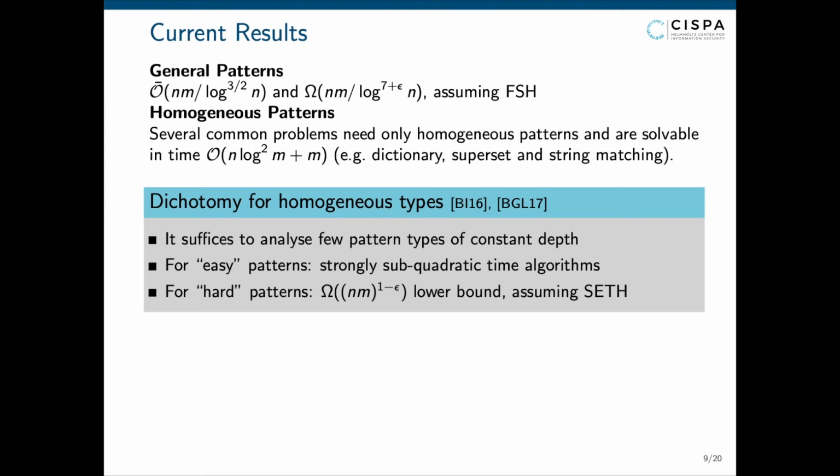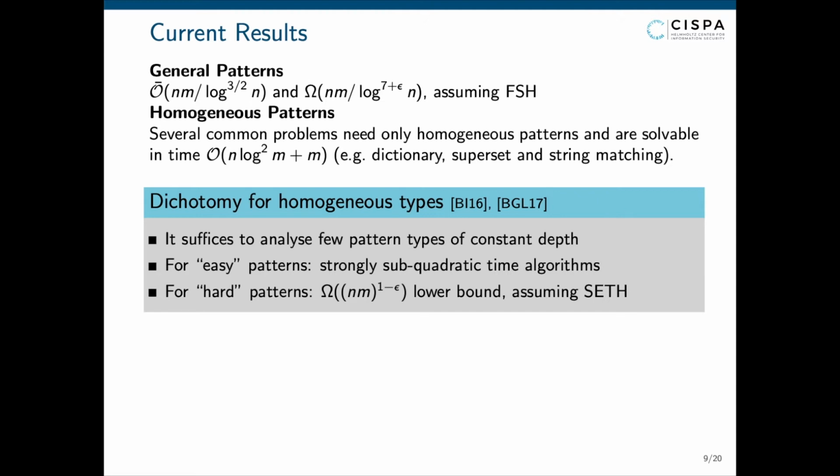There's a dichotomy result for homogeneous pattern types that classifies the pattern types into easy and hard. For the easy ones, we actually have strongly subquadratic time algorithms. For the hard pattern types, we have a lower bound based on SETH that we cannot shave a polynomial factor. And most surprisingly, it suffices to analyze a small number of pattern types that also have constant depth.